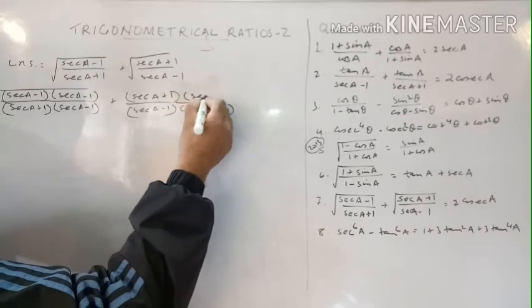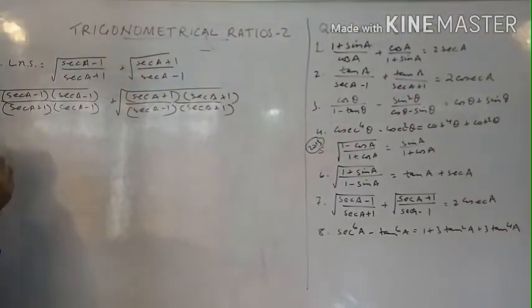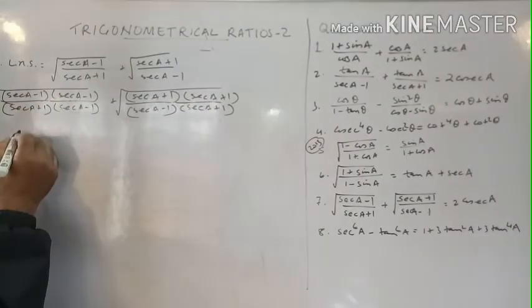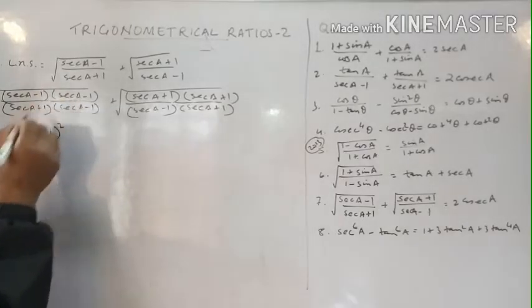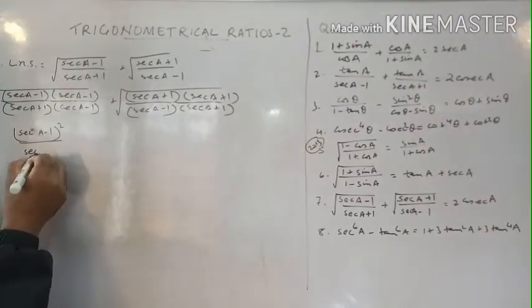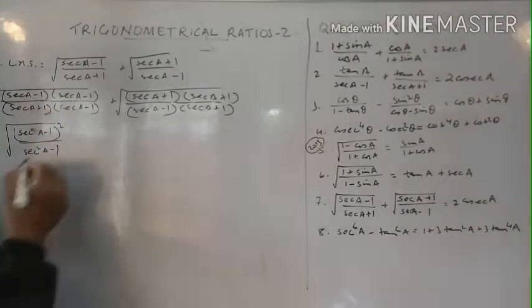Here also sec A plus 1 with opposite sign we multiply. So here same sign, so we get sec A minus 1 whole square. Here you get sec square A minus 1 because A plus B, A minus B.